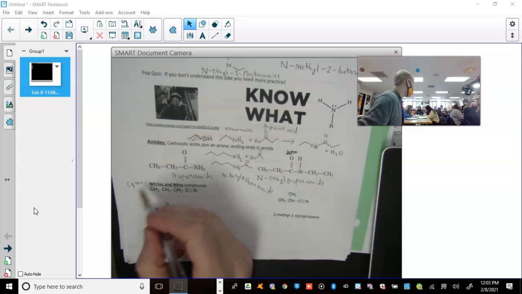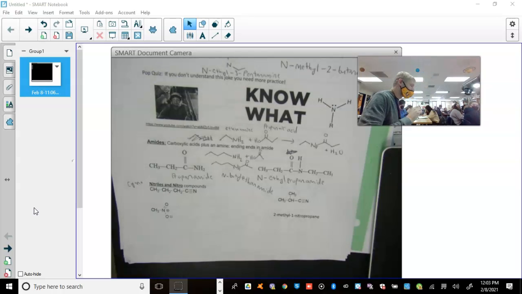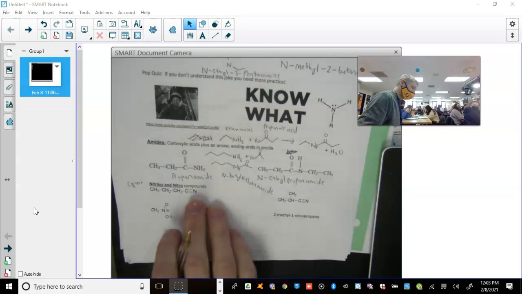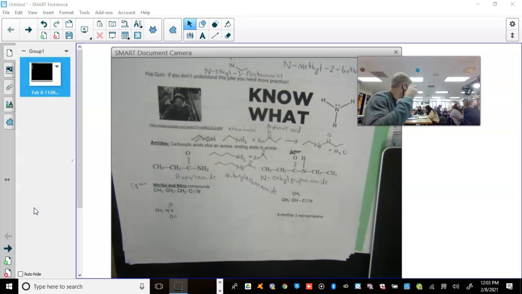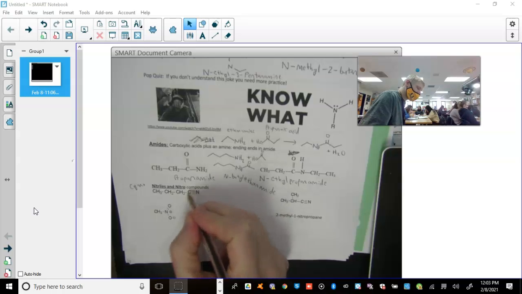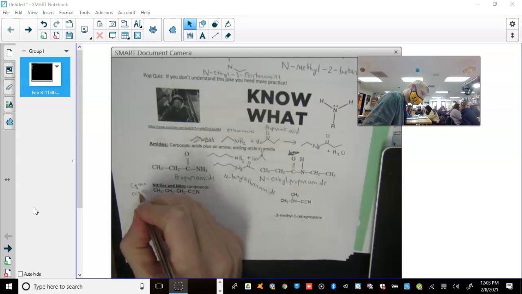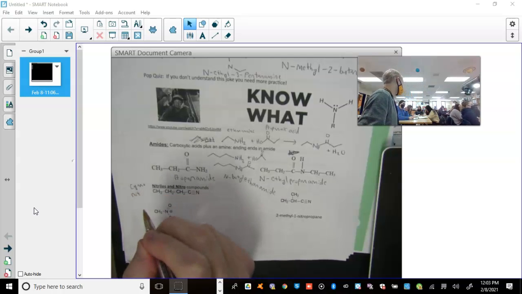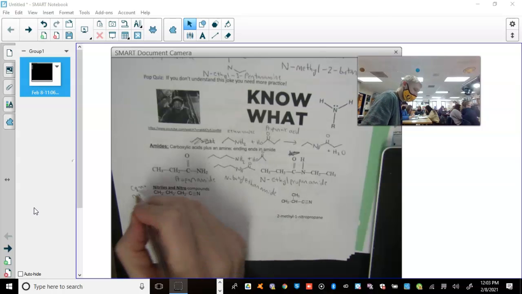That's like a hydroxyl group with an alcohol or an amino group with an amine. A cyanide group would be cyano if it's a side chain. Otherwise, it's considered a nitrile. So the ending, instead of amine or -ol, would be nitrile.